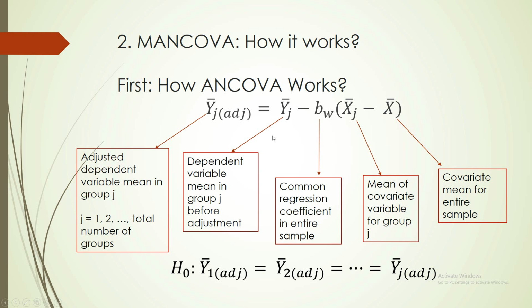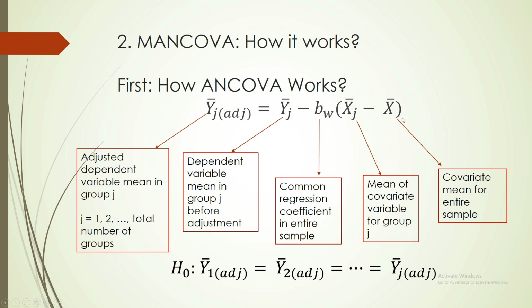And because in this case we have a covariate, we have to modify it so that we get an adjusted mean for that. This B is the common regression coefficient, which represents the way the covariate could influence the outcome variable for group J. And this right here is the mean of the covariate variable for group J, and this is the covariate mean for the entire sample.